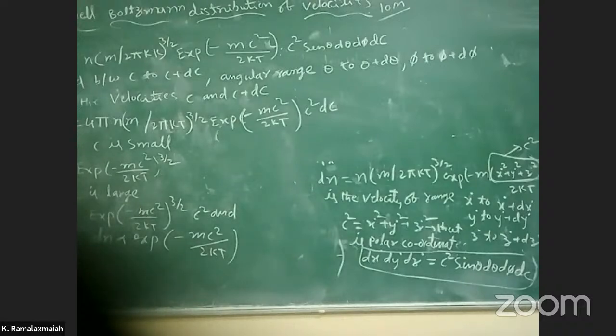That is plotted against c, and dn is increasing.